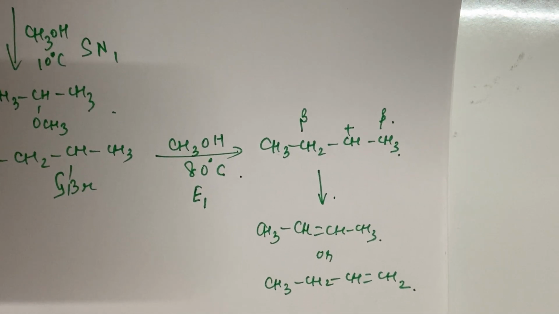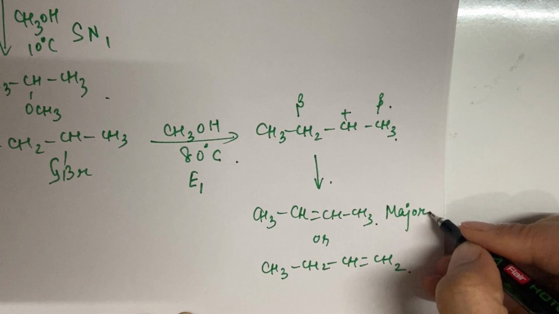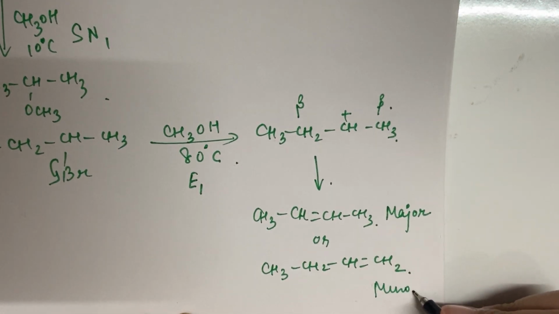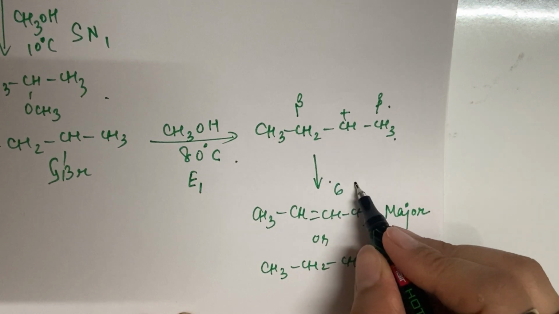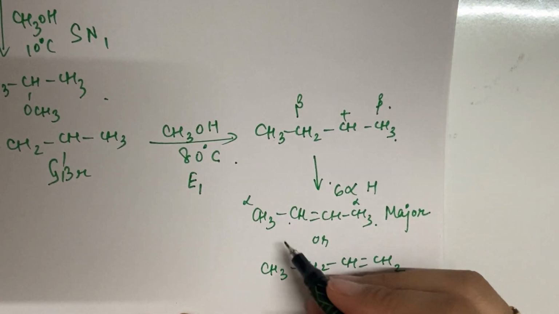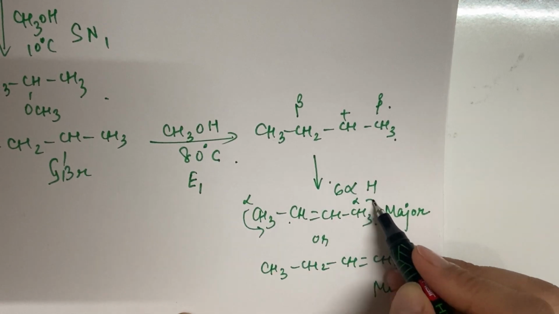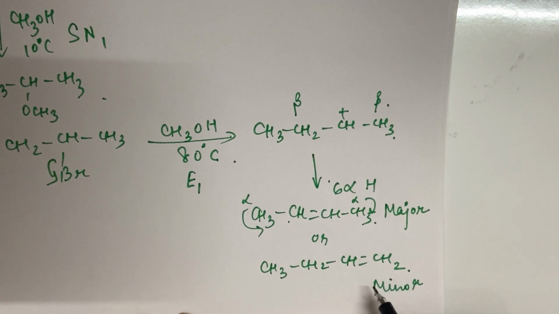Fine, but out of these two, this one will be the major product and this one will be the minor product. Why? Because in this there are 6 alpha hydrogens. Now this will become alpha, this will also become alpha. So hydrogens attached to it will become alpha hydrogens. So there are 6 alpha hydrogens, but in this case it is only 2 alpha hydrogens.